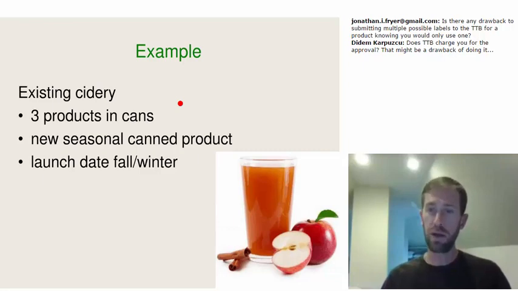I already sell 3 different products, and I'm coming out with a new seasonal canned product. So I'm going to plan a marketing campaign to launch that winter canned cider. And that target launch date is November 1st.